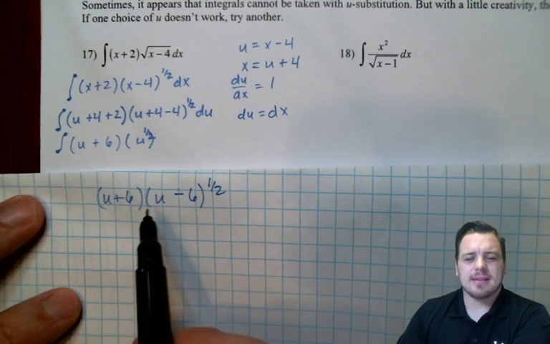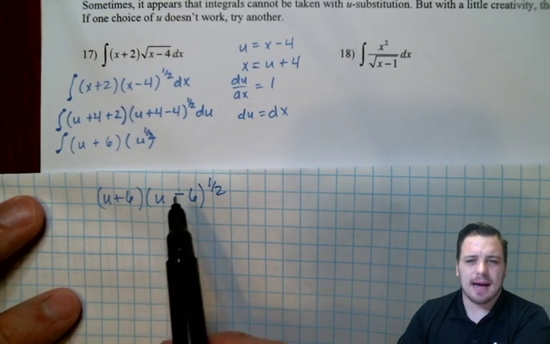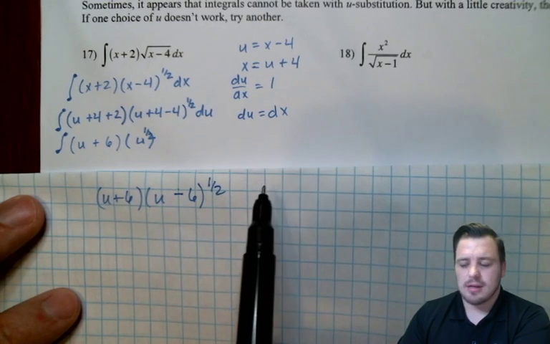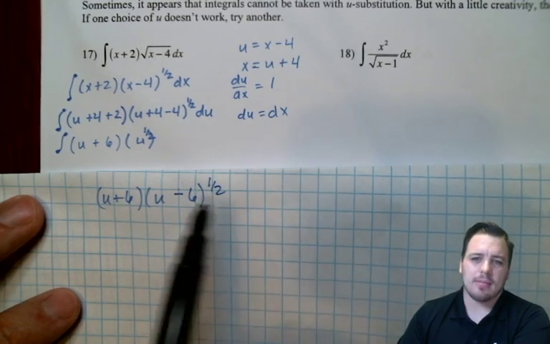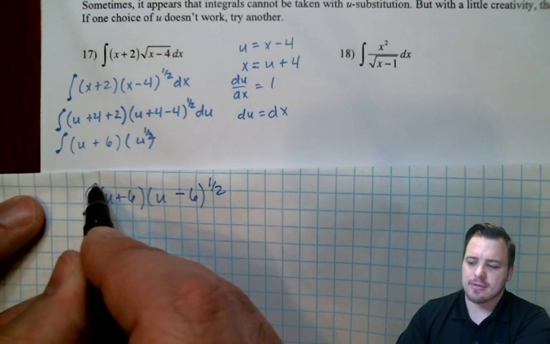And that makes it a little bit more difficult, because then I'm going to have to try to figure out a u that I can multiply by to take the antiderivative of that.